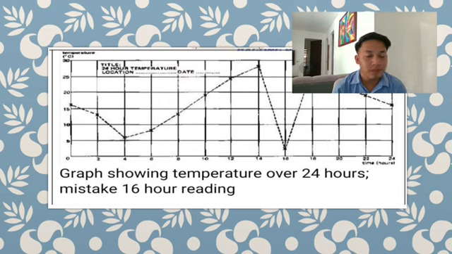The reading of the thermometer at the 16th hour must have been wrong. This cross cannot be taken into consideration for the graph and should be rejected. The only dotted line we can accept is the straight one between the reading of the 14th hour and the reading of the 18th hour.